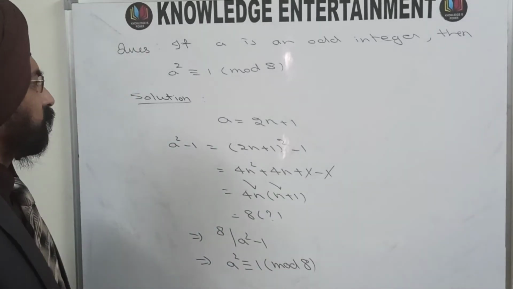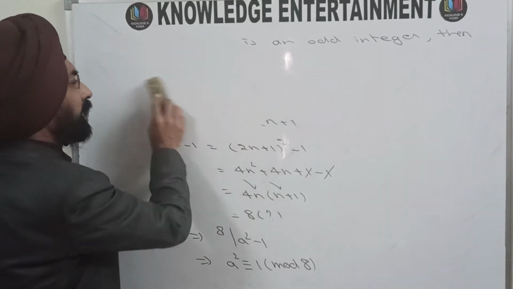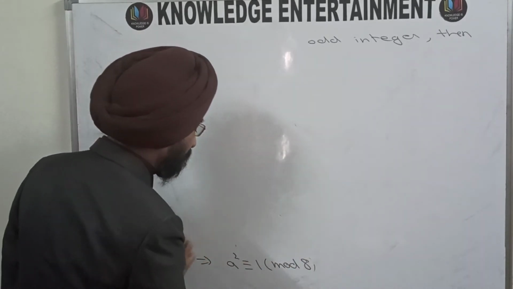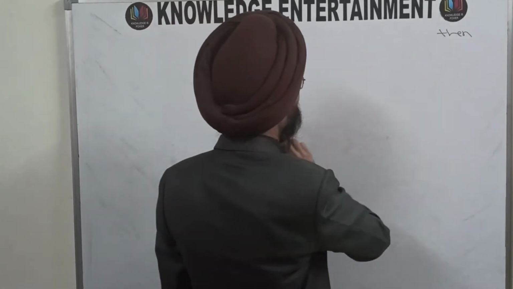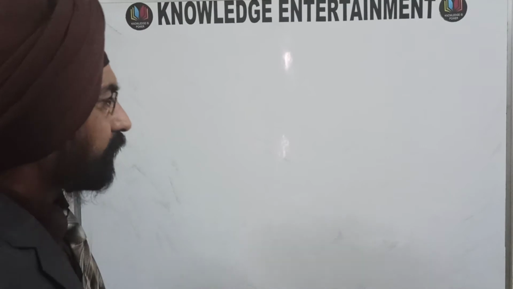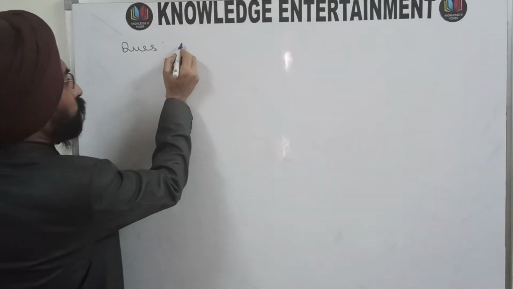We will do some 4 or 5 more questions in this video, and then I'll stop this video for the next one. So the next question I'm going to take is this. Write down the question first and then we will move on to the proof.